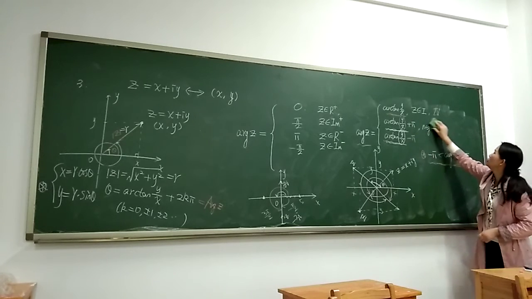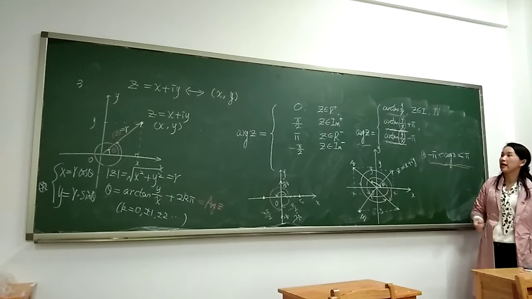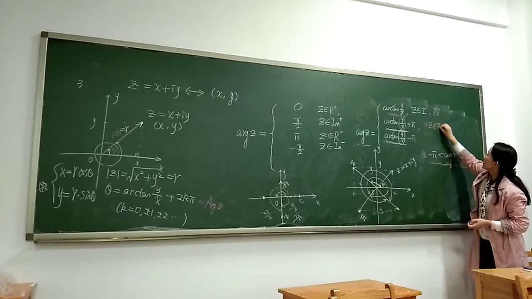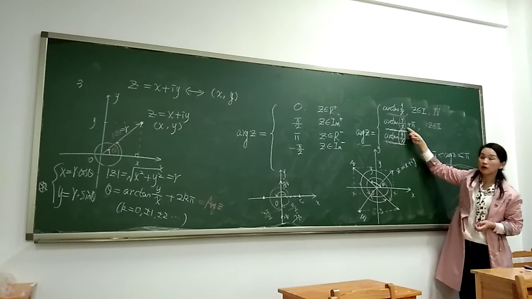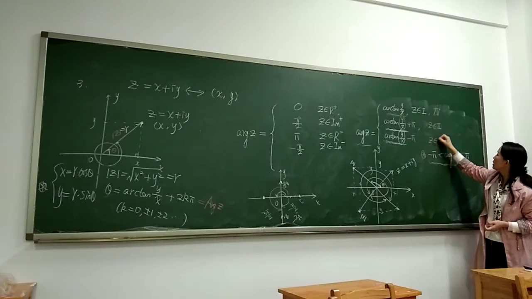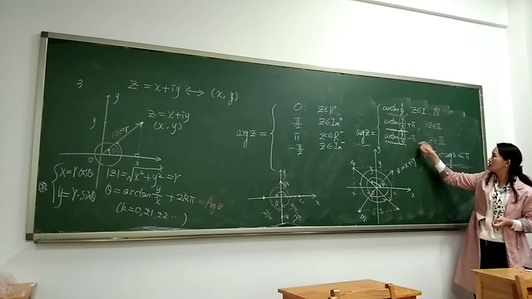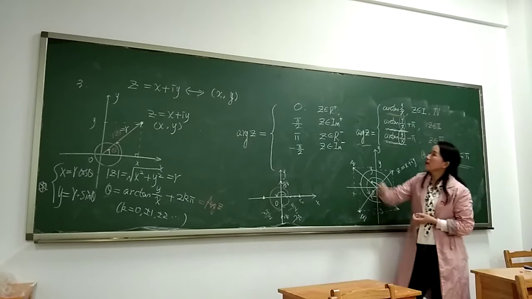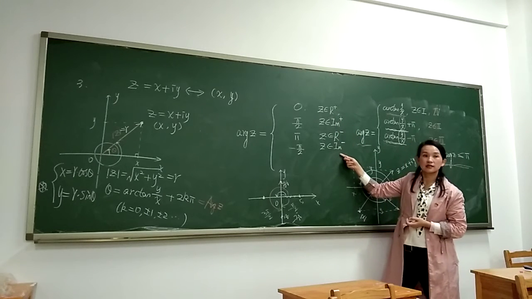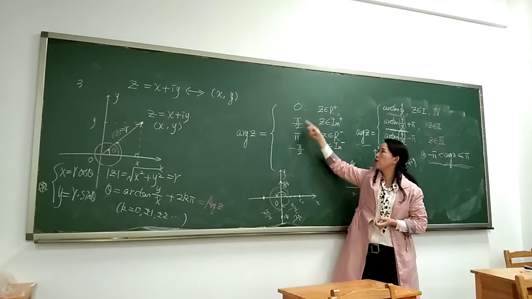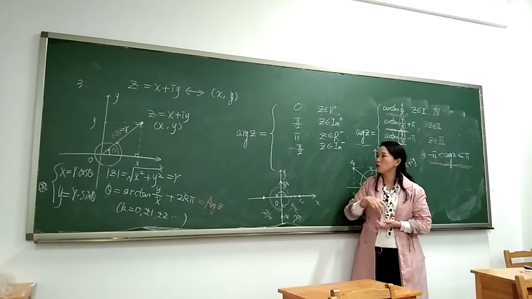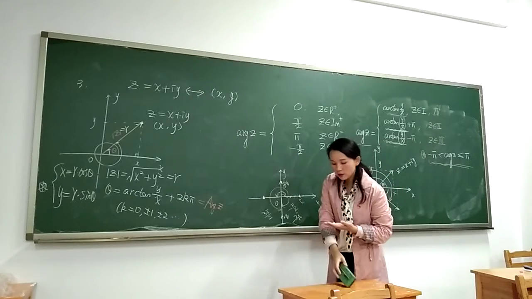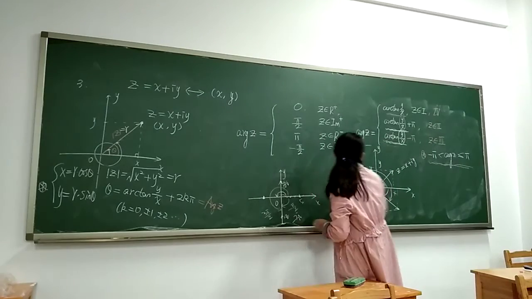Okay, so now we obtain two formulas. If they belong to second, it is this formula. If they belong to third, it is this formula. If they belong to these four axes, it is these four cases. So now, according to these formulas, please compute some questions.